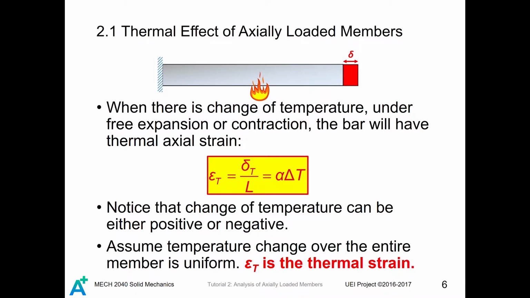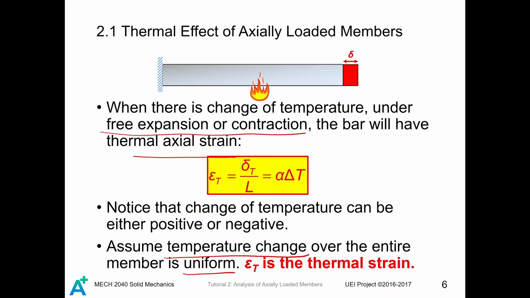So as we just described, when there is a change of temperature on this piece of material, there will be free expansion or contraction, right? The bar will have the thermal axial strain. Also, the change of temperature can be either positive or negative. Also, we will assume the change of temperature over the entire member is uniform.